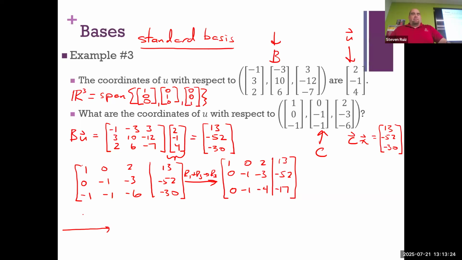Do you mean row? Okay. We're not allowed to do things with columns. So row 2 minus row 3? Back to row 3? Okay. So 1, 0, 2, 13.